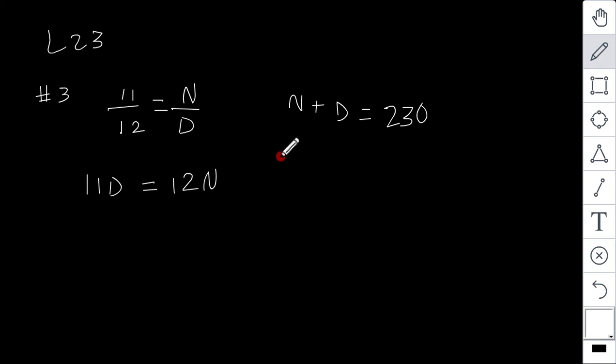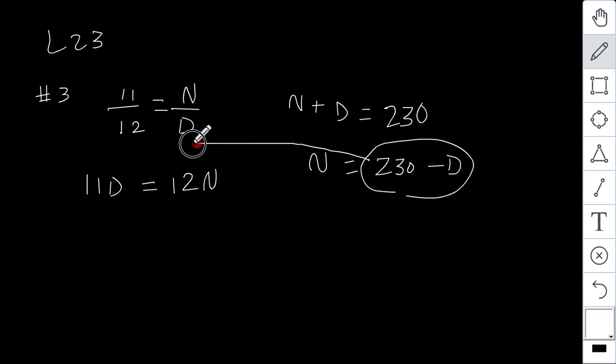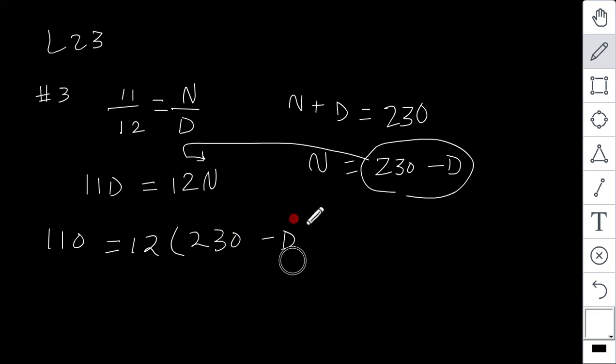Then I'm going to solve the sum for n and use substitution, putting it in where the n is. So we get 11d equals 12 times 230 minus d. Distribute that through: 11d equals 2,760 minus 12d.